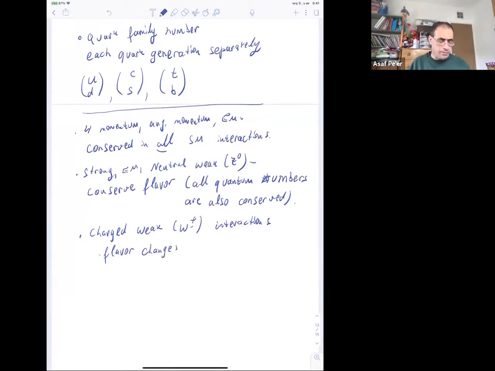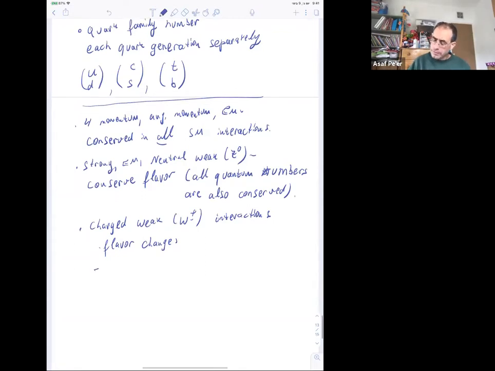But the leptonic number, the leptonic family number, and the baryon number are all conserved.